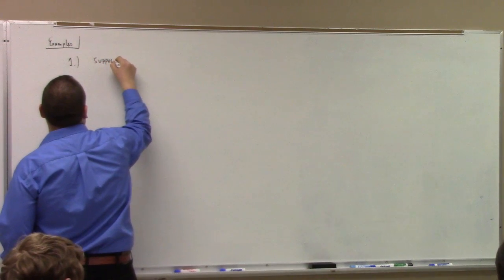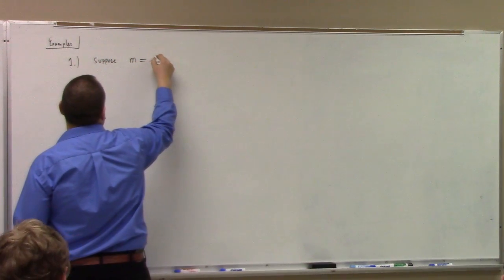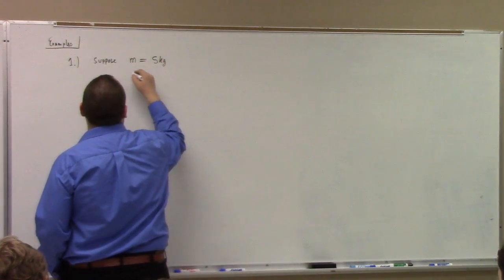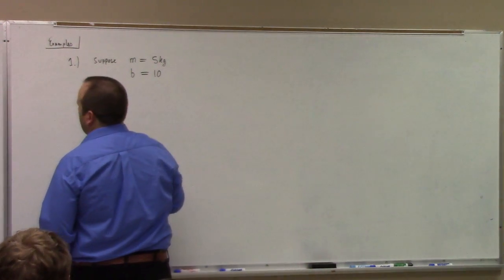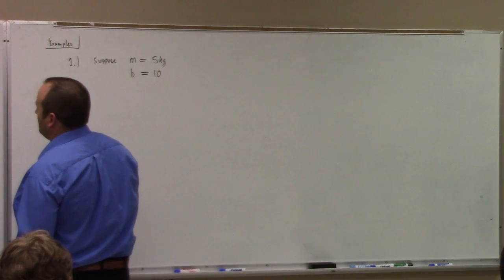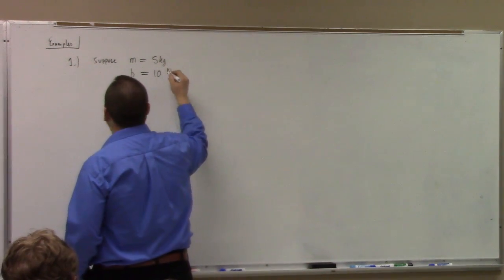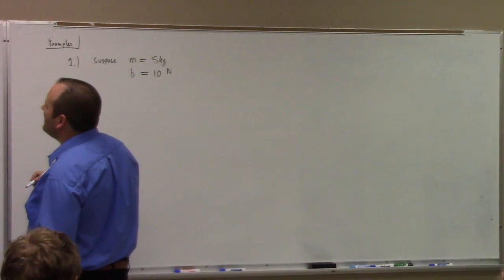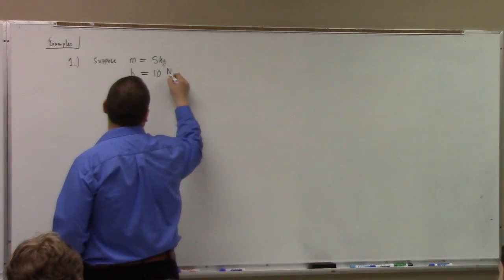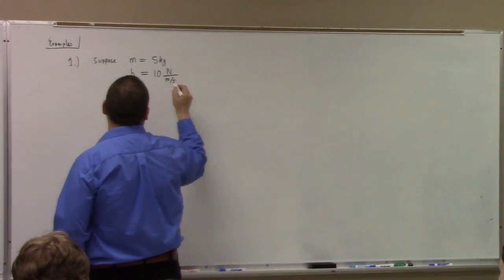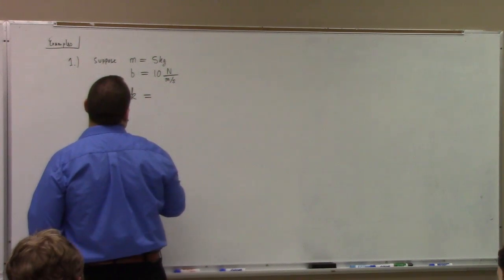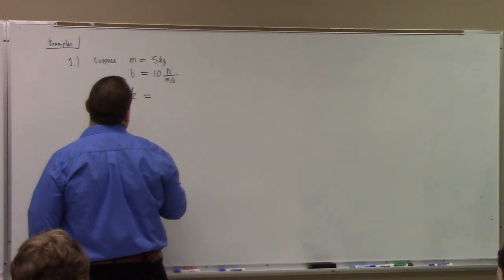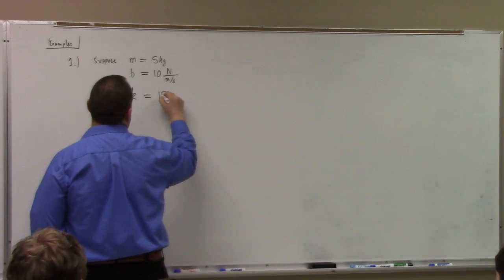Suppose your mass is equal to 5 kilograms. Your damping coefficient is equal to 10 whatever. What should the units be on the damping coefficient? It should be newtons divided by meters per second. And let's suppose that the spring constant is 15.